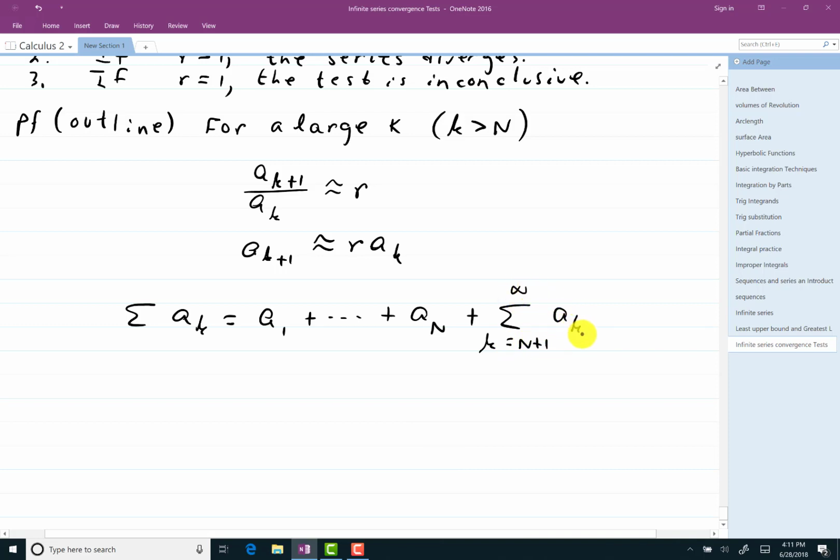And so for these large values of k, I'm going to replace a sub k plus 1 with r a sub k. So I'll have a1 plus ... plus a sub N plus, now let me put this in parentheses, a sub N plus 1, a sub N plus 2, and so on, goes on forever. Now I'll put my little approximation sign.